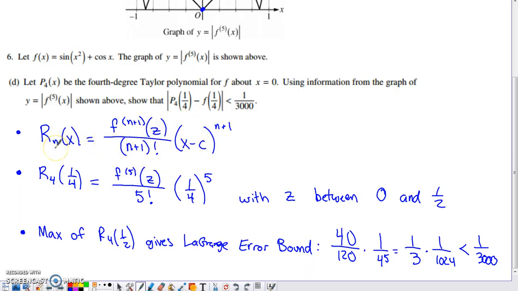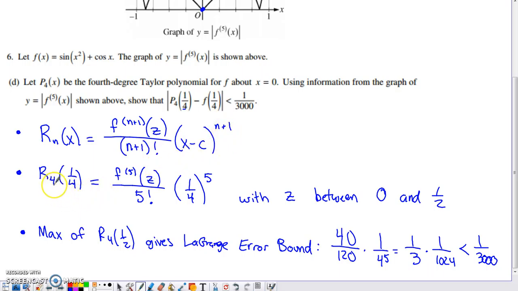So the nth degree remainder would be the next derivative evaluated at z, and z has to be somewhere between where your series is based and the value that you're making an approximation at. Our series is based at 0, and the value that we're making an approximation at is 1/4, divided by the next factorial times x minus where the series is based to the next power.